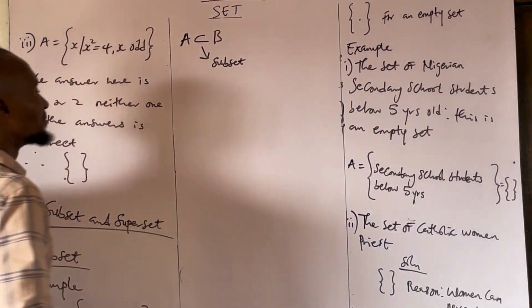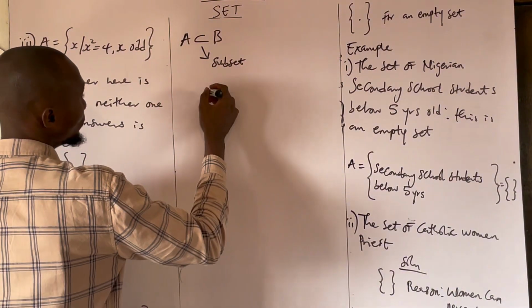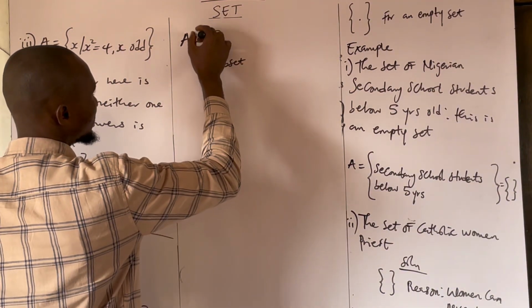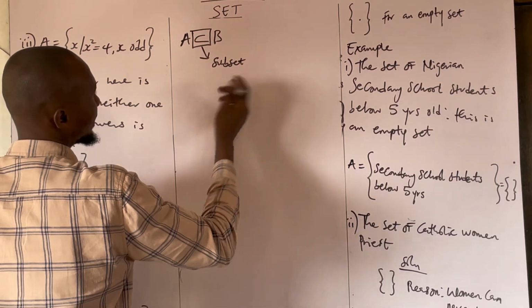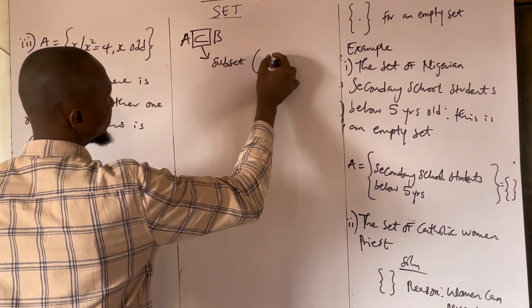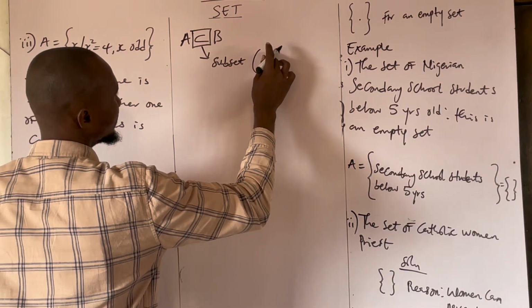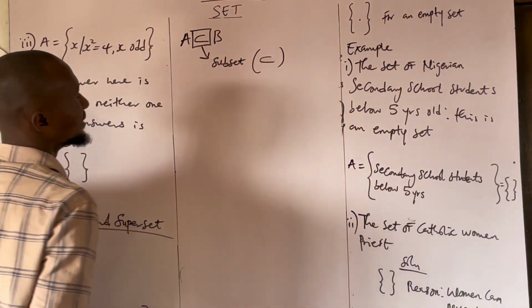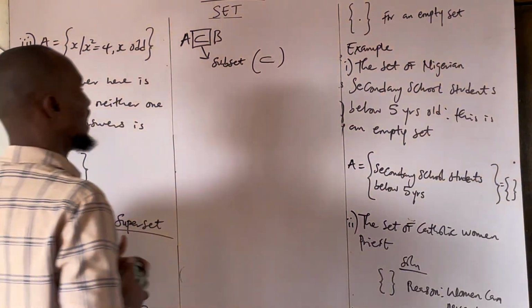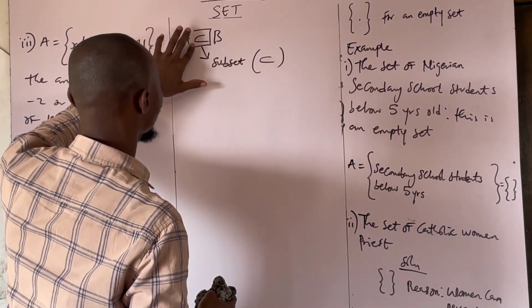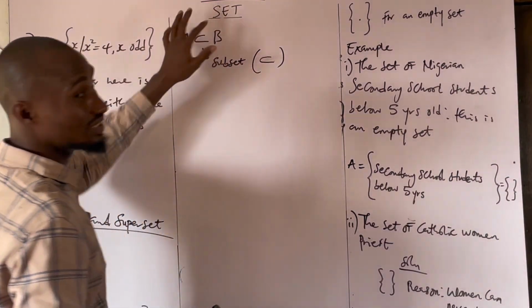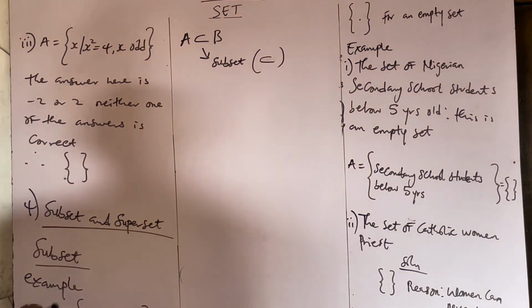Subset. Now, superset. Let me put this in a block, something like this. Did you understand now? The symbol of subset. I believe you've learned that. Let me just clean this.